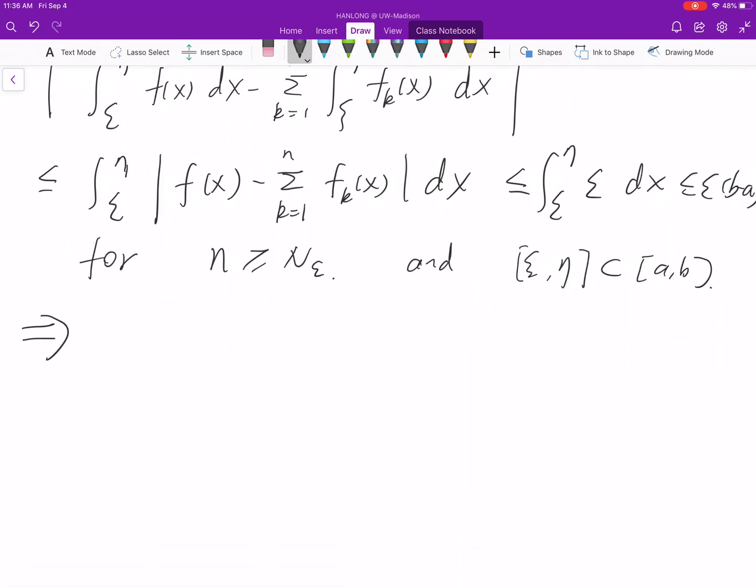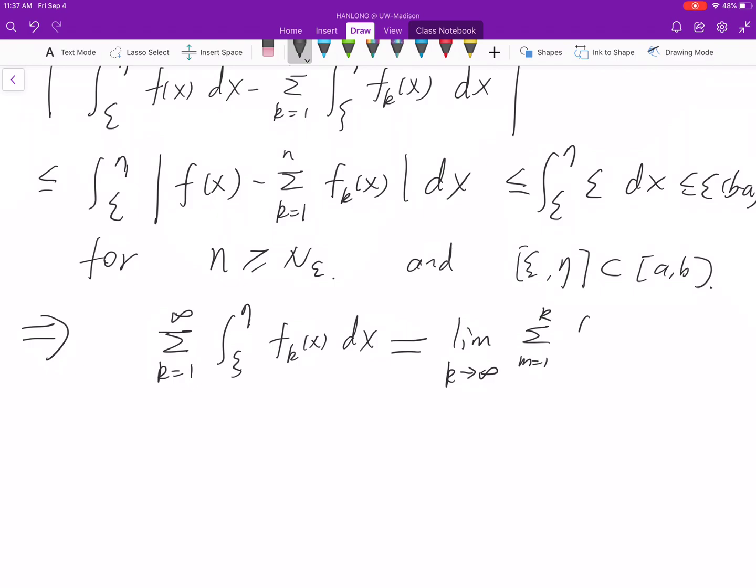So as a consequence, we have the limit. Okay, so I would like to write it in this way. The infinite sum integration from ξ to η of fk(x) dx, by definition, is the limit as k goes to infinity of the summation over m from 1 to k of the integration from ξ to η of fm(x) dx.